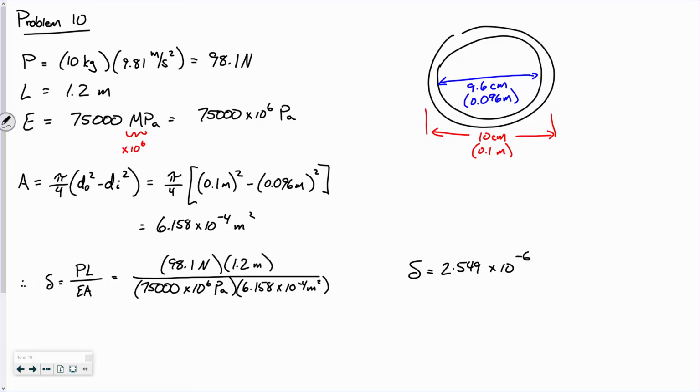Now, what are the units? This is a deflection. Meters. So, if I want, I can say 2.549 times 10 to the minus third millimeters. And how do I do that? I go 1, 2, 3.